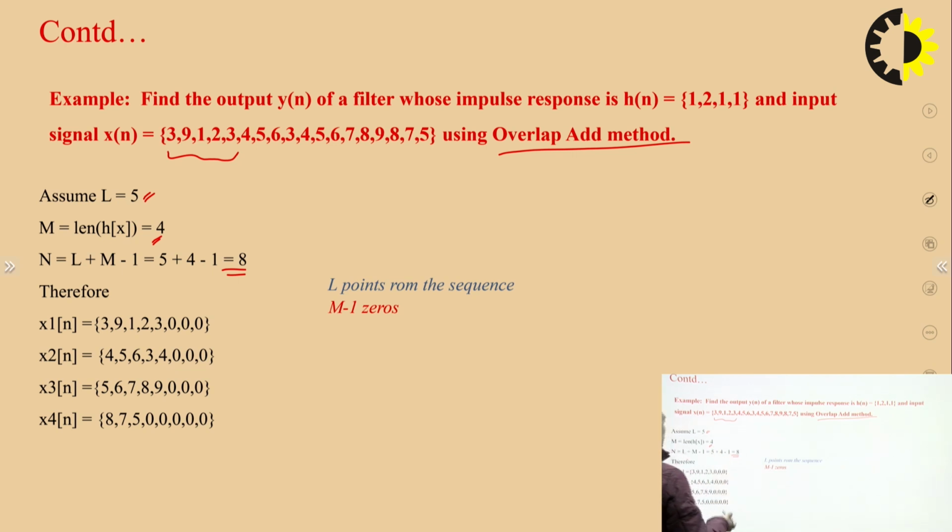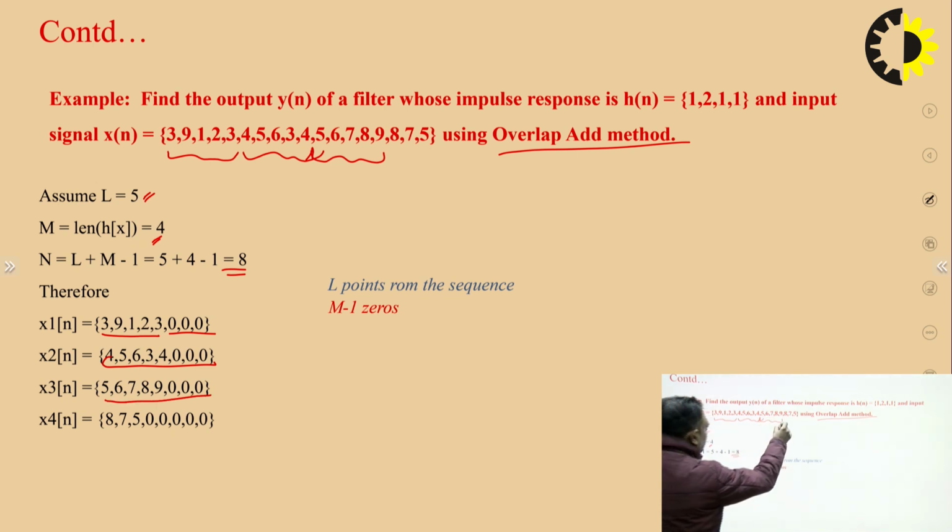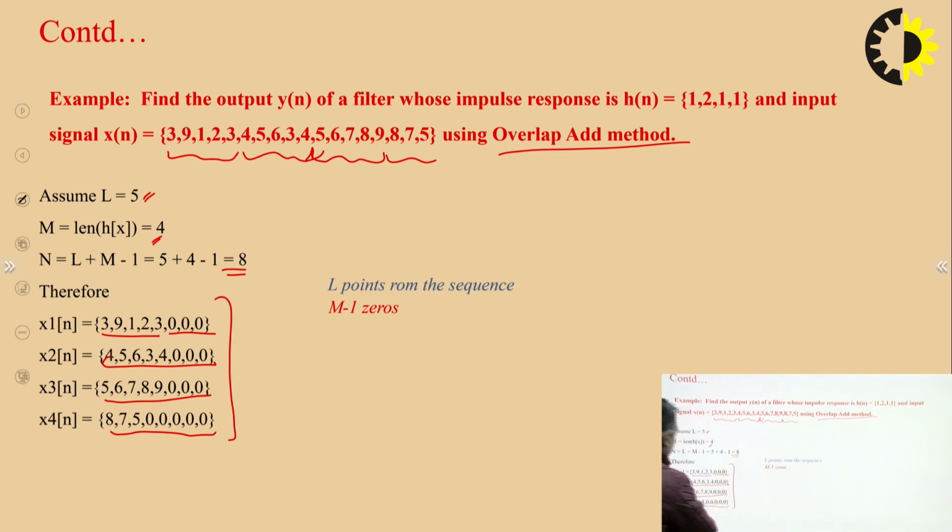So we will add 3 zeros, M minus 1 zeros, to make the sequence length 8. In this case we take the first 5 samples, then add 3 zeros, then take another 5 samples, add 3 zeros, and so on. That's why we have made these 4 subsequences.